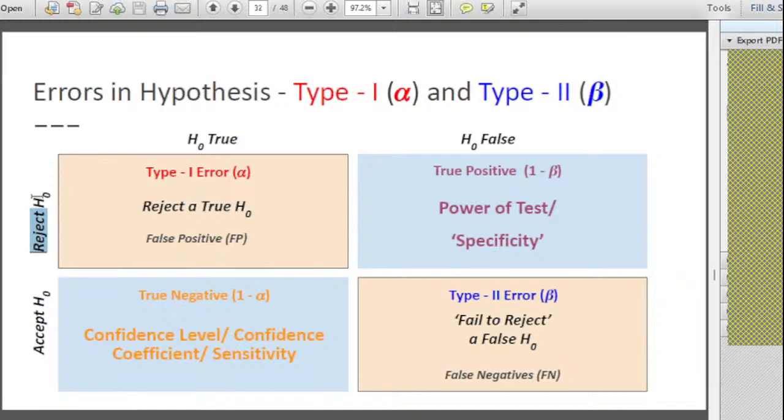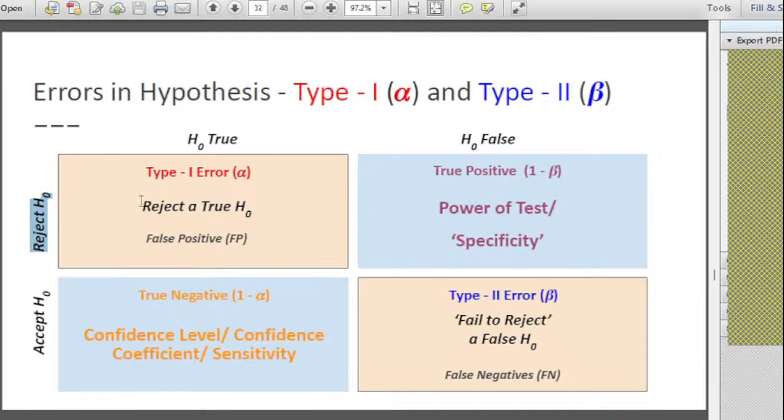So rejecting a true null means actually the null condition existed, even after government efforts actually no change happened, but my sample indicated a change and based on the sample I rejected the null.